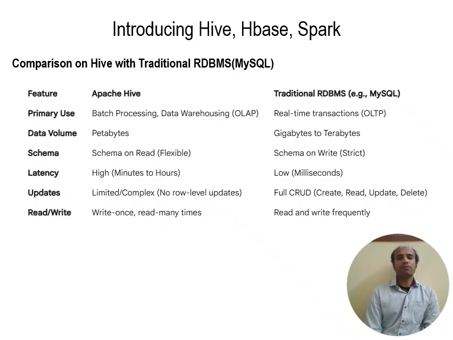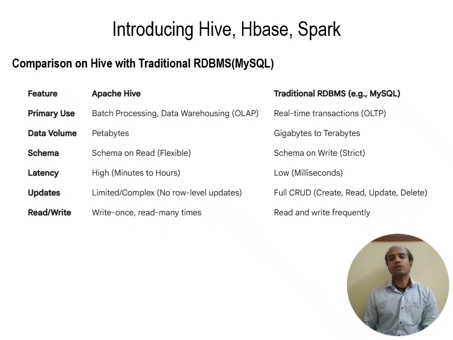And the final feature, read or write. With respect to Apache Hive, it's write once, read many times. The traditional relational database management system, MySQL, is read and write frequently.